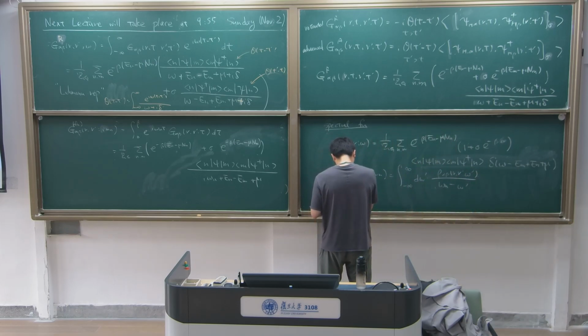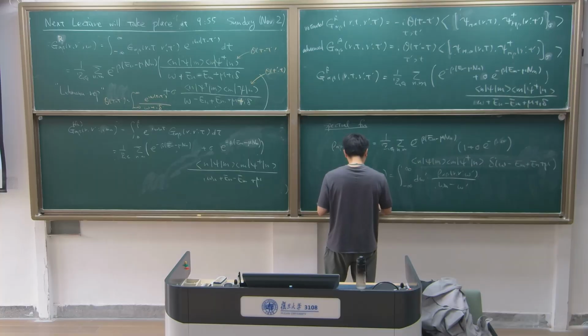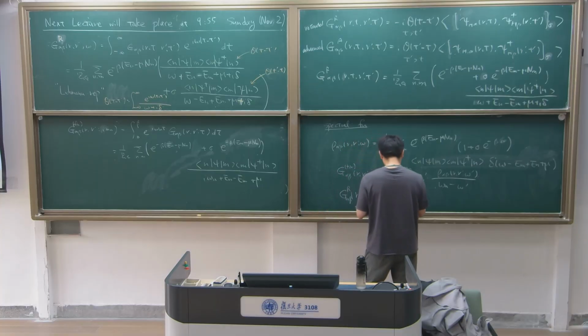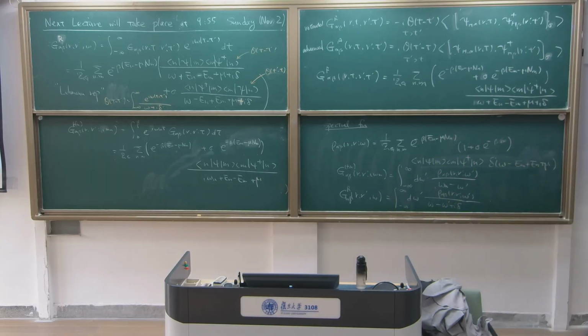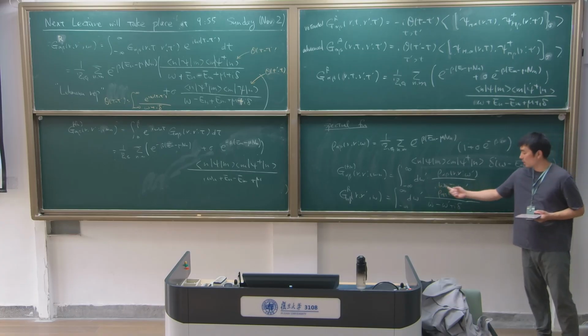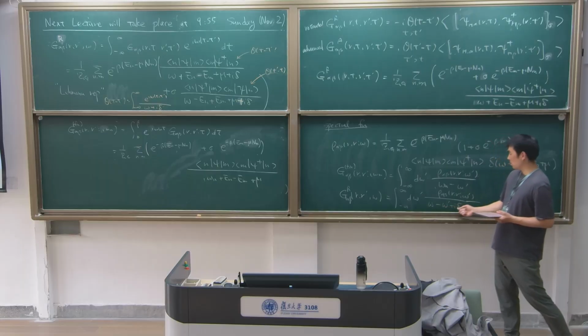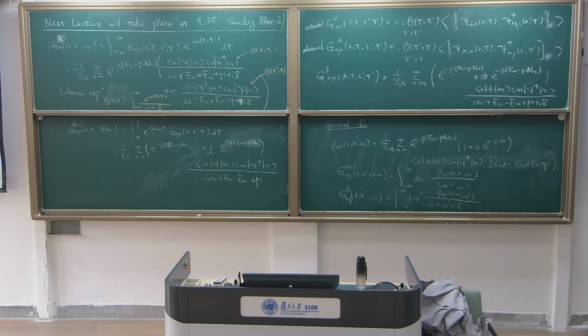Whereas G retarded, like this equation. So you can just repackage for the two functions, just change the i omega_n here for omega plus i delta.